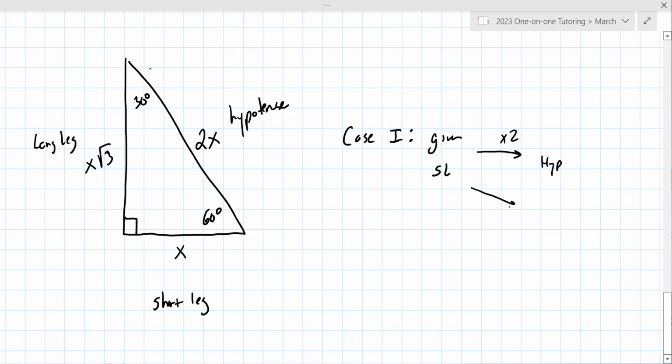You can also find the long leg by multiplying by the square root of 3. So we're going to do a couple of practice problems now like that. I'm just going to take a quick note on that. All right, I'm ready for a practice or two.